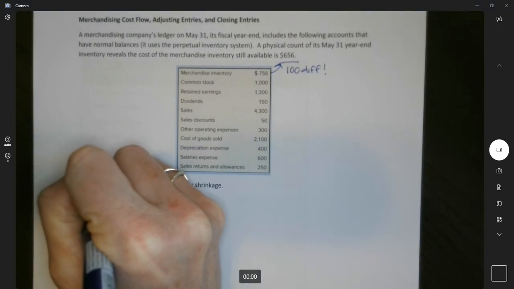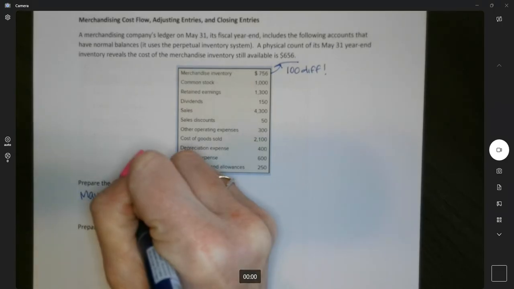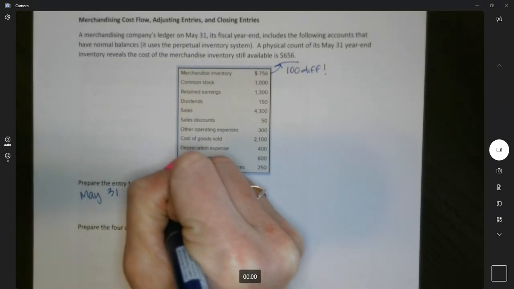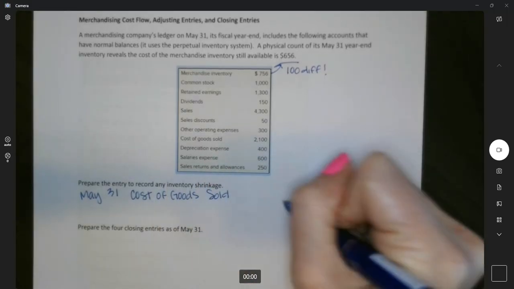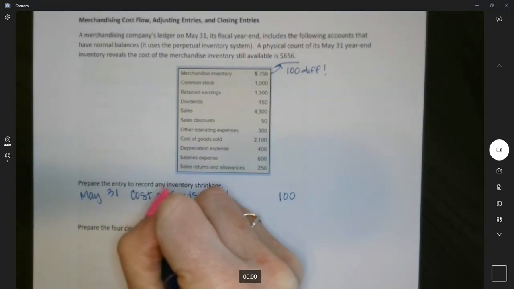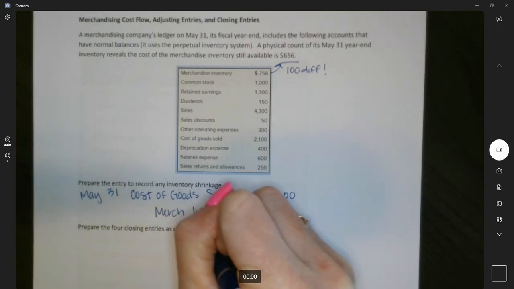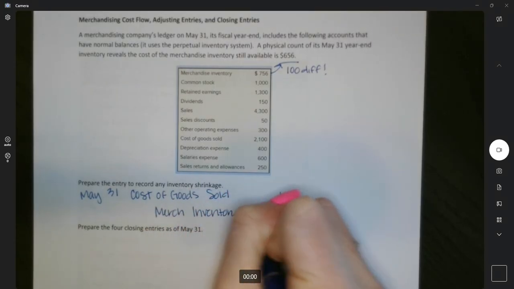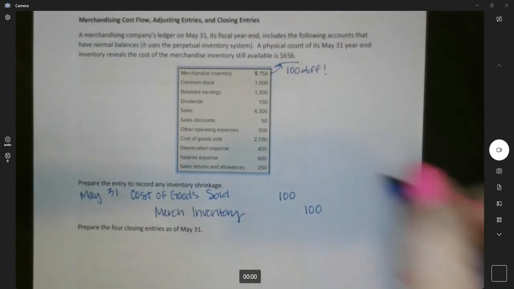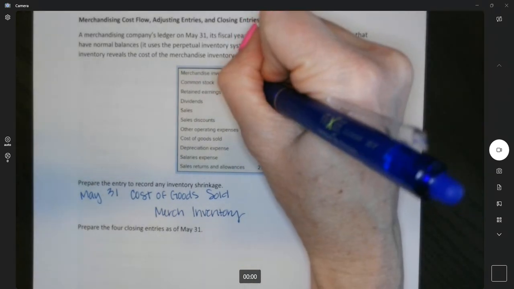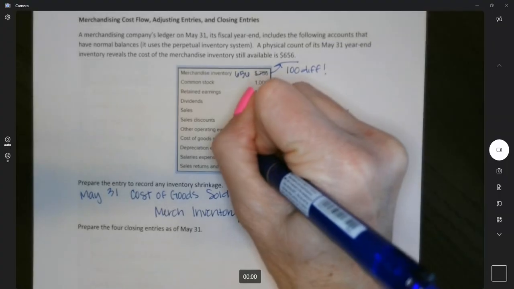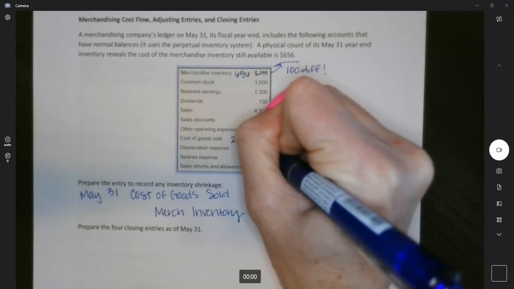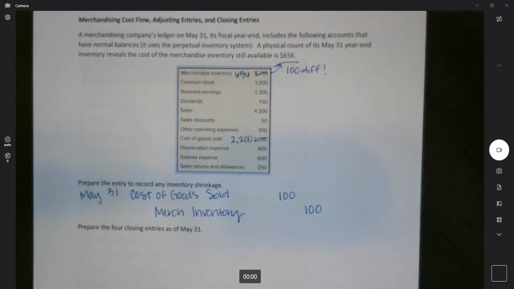On May 31st, we're going to debit cost of goods sold $100, and we're going to credit merchandise inventory $100. So now our merchandise inventory is going to be $656, and our cost of goods sold is increased $100 to $2,200.